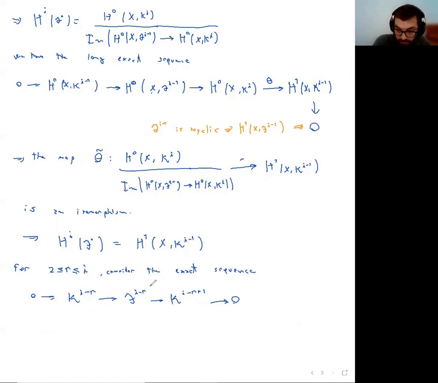So this is exact, and it induces a long exact sequence in cohomology. Let's write it down. Now instead of looking at the 0th term, we look at the (r-1)-th term, so this is like the 0, 1 part. Now we look at r-1, r. This one is 0, again, because F^{i-r} is acyclic and r was at least 2. So this is 1, so this is 0. And this one must go into H^r of this one.